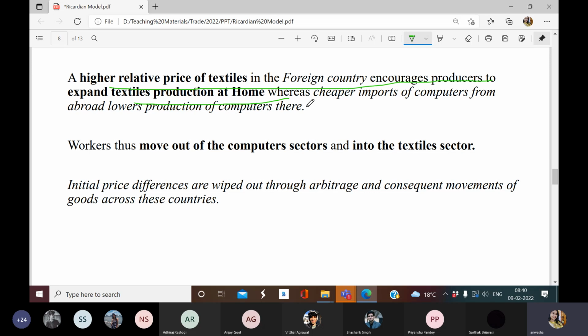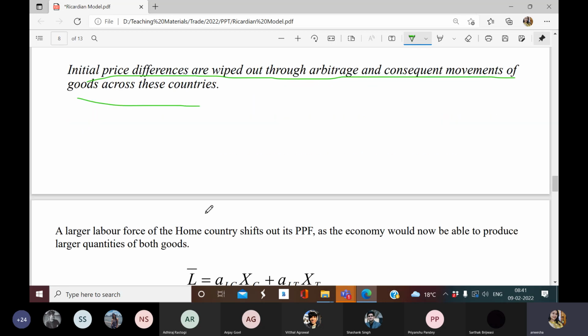So labor will come from the computer sector, because to start with you assume full employment. Okay, so the initial price difference will be wiped out through arbitrage and movement of goods across these two countries, and again price will be equal. So post-trade price will be equal.